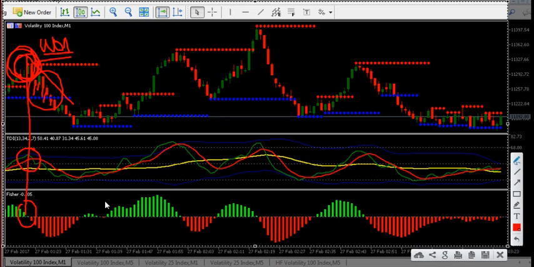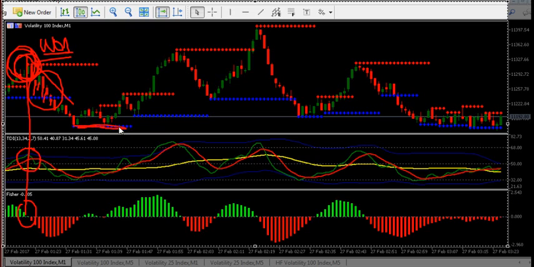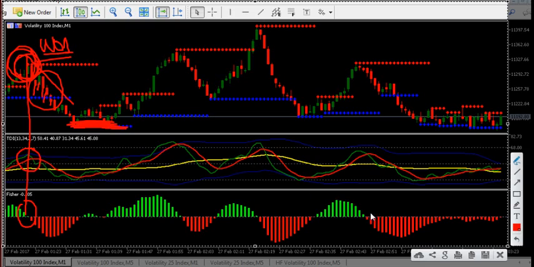That's number 1. Let's check the second one. Always remember that I said there must be a crossover from TDI, there must be a change in your Fisher, and there must be an indication from your support and resistance. It is when these give you the signal that you actually come in from there.